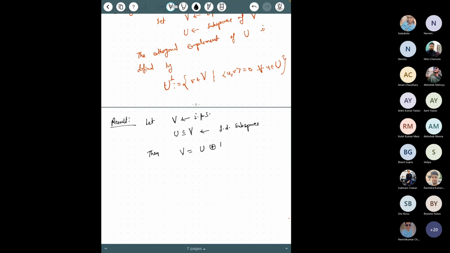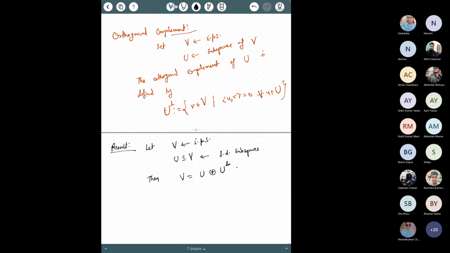By the way, you can verify that this U orthogonal complement, this set here, is always a subspace of V. And this result says that if we have an inner product space and a finite dimensional subspace U of V, then V can be written as a direct sum of U and its orthogonal complement.